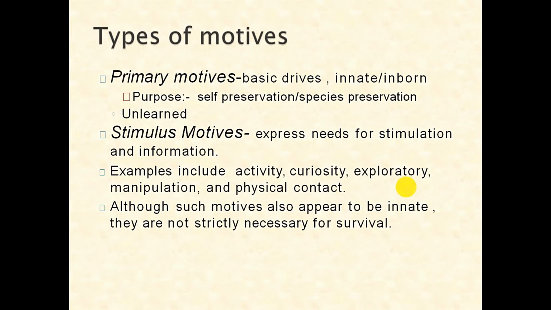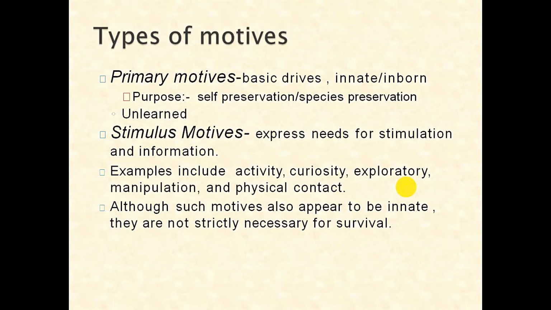The stimulus motives and the primary motives: the first is called the primary drive and the other one is called the secondary drive. Primary drives are unlearned and they are essentially a function of maturation.